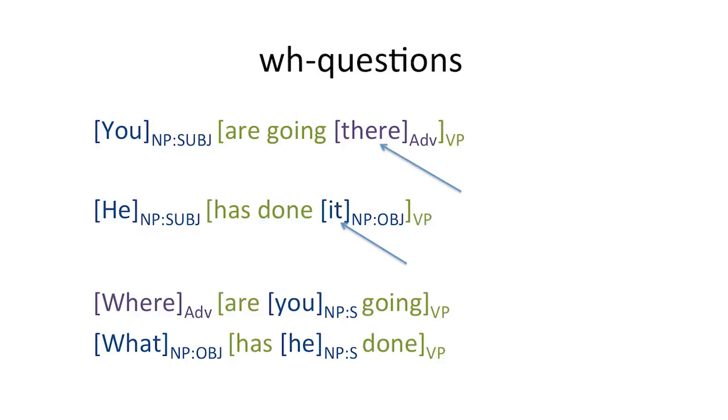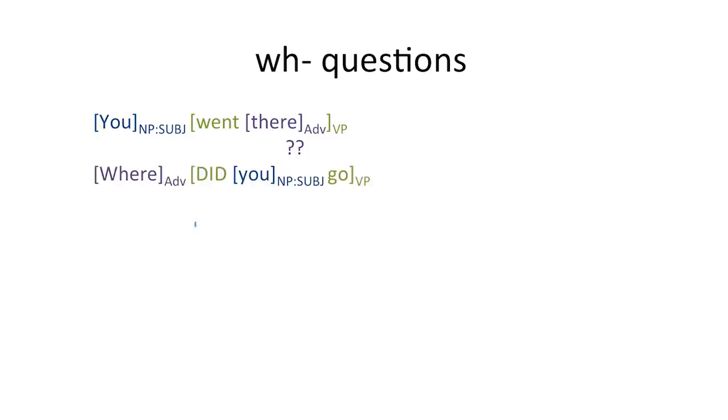If there is no auxiliary in the verb group of the declarative clause, then just like with a yes-no question, we have to add the right form of the auxiliary verb do in front of the subject. So from you went there, we get where did you go, with the auxiliary do inserted.